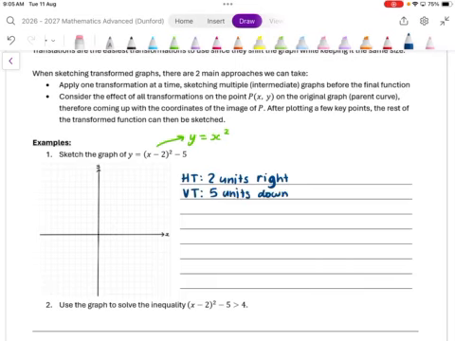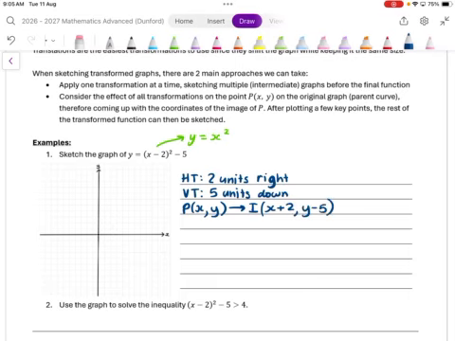So if we have the point x, y, what happens in order to get our transformed point, our image point, so we're going to use an I for our image point, is it's going to be x plus 2, y minus 5.